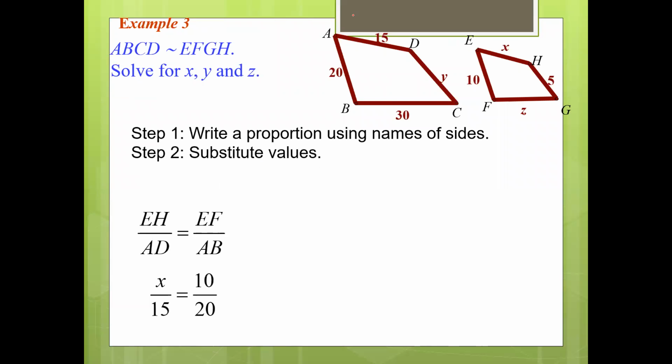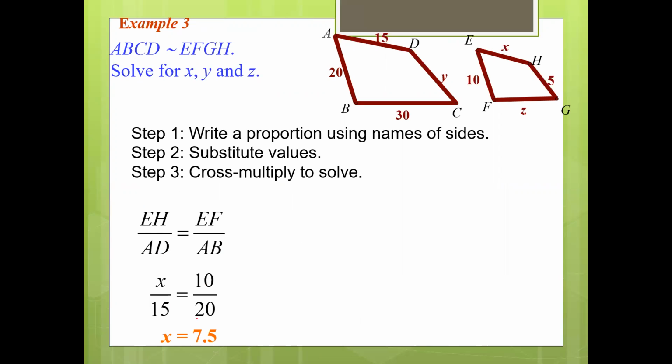So for EH, it is just x. For AD, 15. EF is 10. AB is 20. Just do cross multiplication if necessary, and then solve.